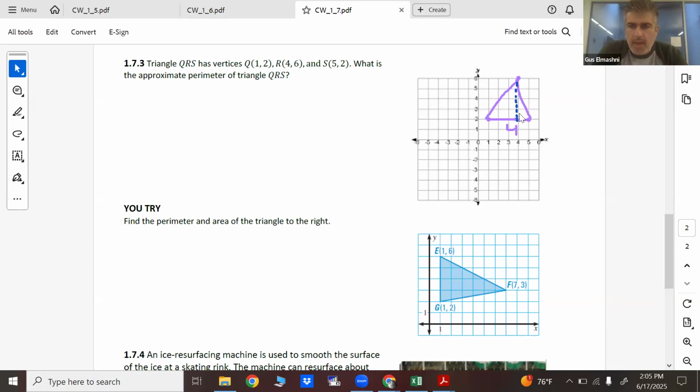That is 3 and 4, so that's 5 if I do Pythagorean theorem. 1 and 4, that's root 17. Yeah, so I just do Pythagorean theorem like that. So you get 9 plus root 17.